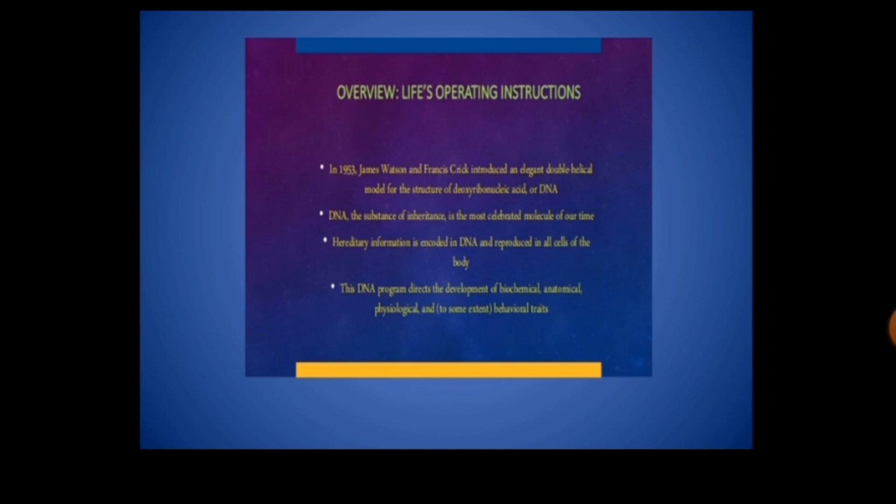Now children, as we all know, each and every living organism is made up of a large number of cells. If we closely look at the structure of a cell, you see that there is a nucleus which contains all the genetic material. Inside the nucleus, you see the nucleolus and the thin thread-like structures which are called chromatin, right? And these chromatin later condense to form the structure known as chromosome. On these chromosomes are located the genes, right?